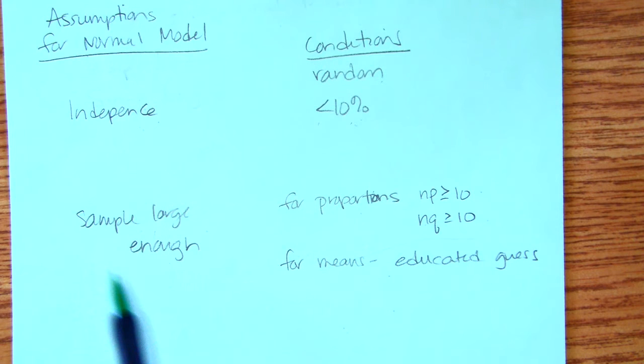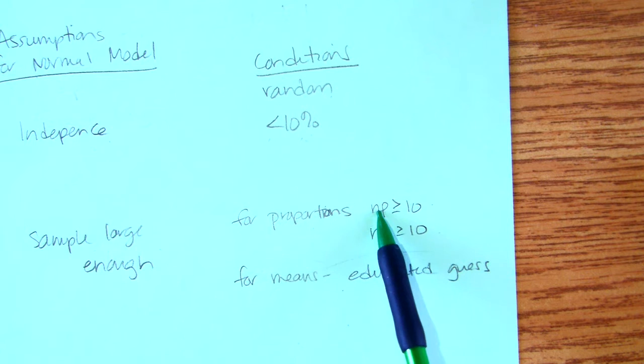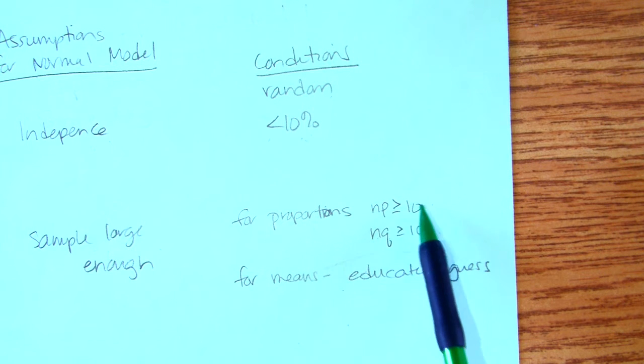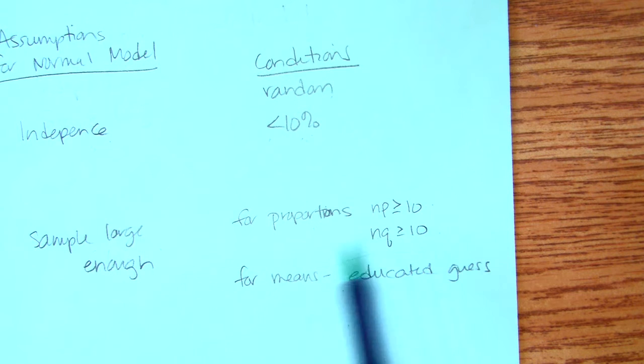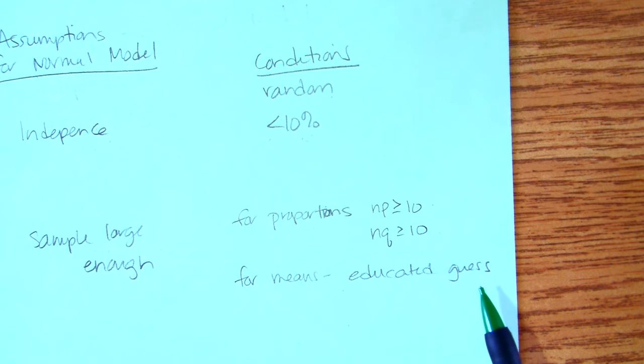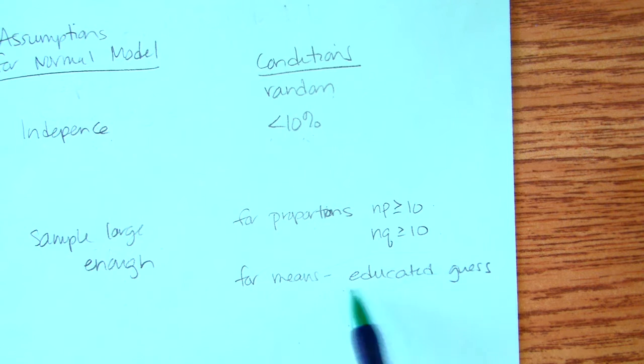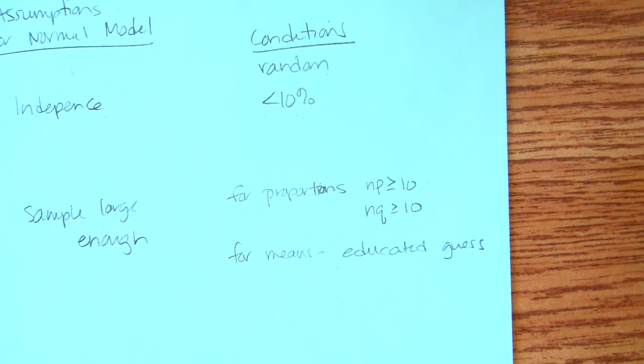How do we know if our sample size is large enough? Well, for proportions, we can actually check that. If we take our sample size and multiply by the proportion of successes, if we can get at least 10 successes and at least 10 failures, we say our sample size is large enough. For means, we really just have to make an educated guess. Do we think that our sample size is large enough to produce a normal model?